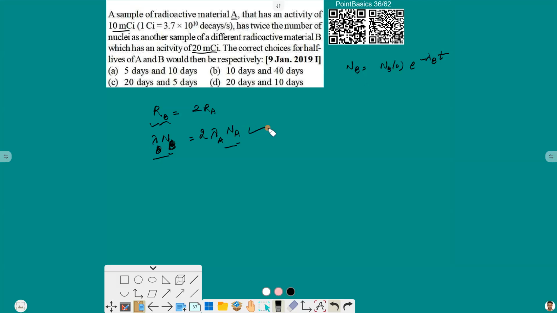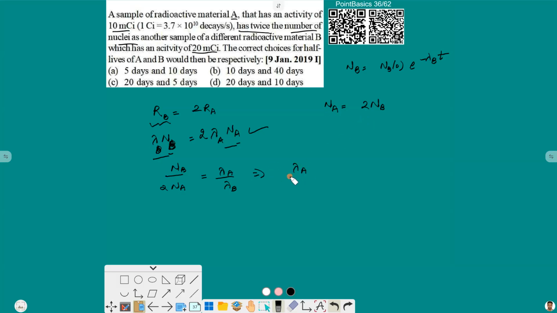So now we have this relation, and also it is mentioned that A has twice the number of nuclei, meaning NA is equal to twice the NB. So if I calculate the ratio lambda A by lambda B, lambda A by lambda B will be equal to NB by twice of NA, and the value of NA is again 2NB.